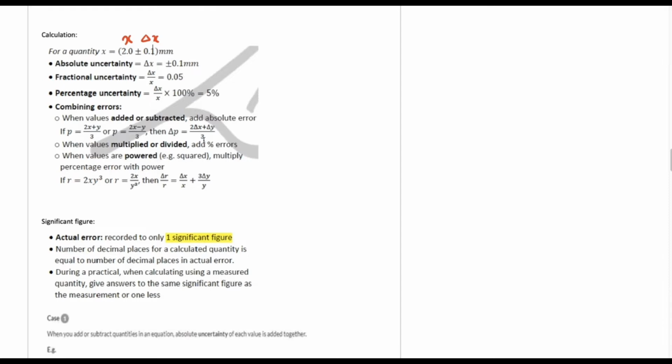So for the error, we always add. No matter whether the formula is plus or minus, we always add the error.